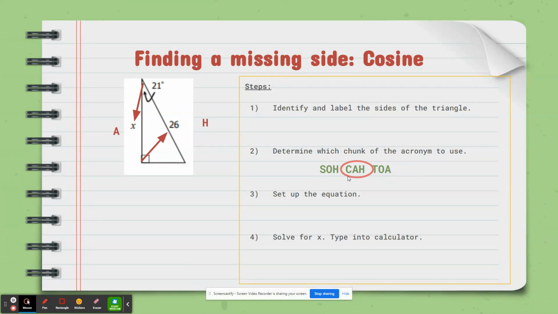Again, we will set up our equation. The angle goes after the trig function, and then A over H becomes x over 26. To isolate x, multiply 26 to both sides and write 26 in front of the trig function. And then remember to round your answer to 1 decimal place. So our answer should be 24.3.